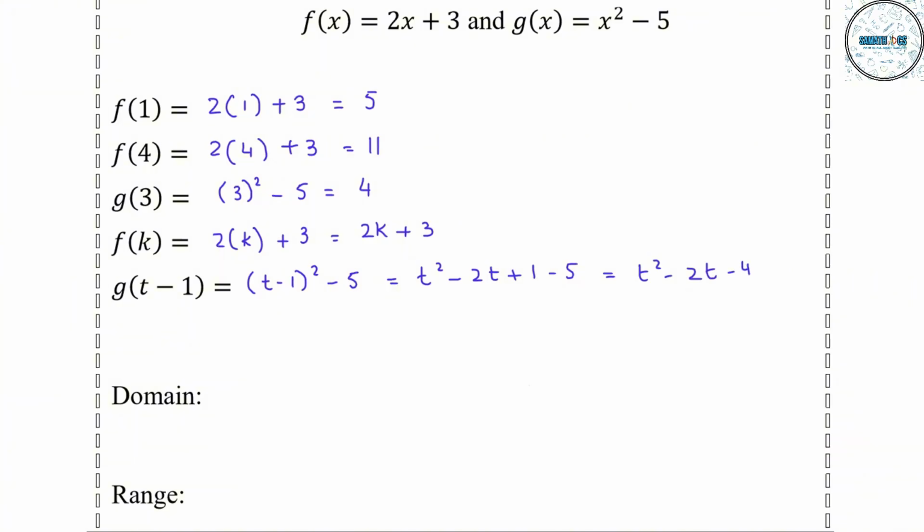Now we will discuss domain and range. Domain are the input values, or you can say values of x.